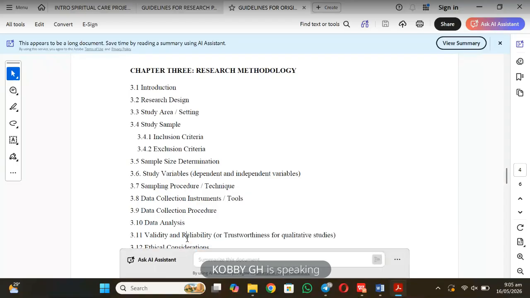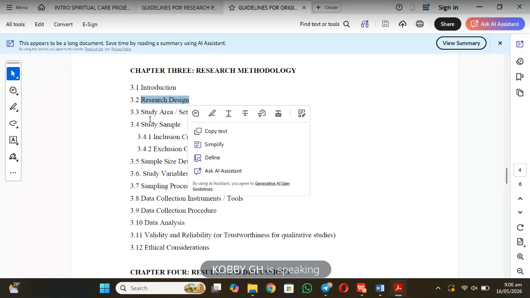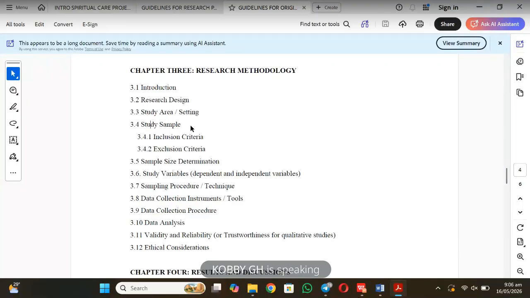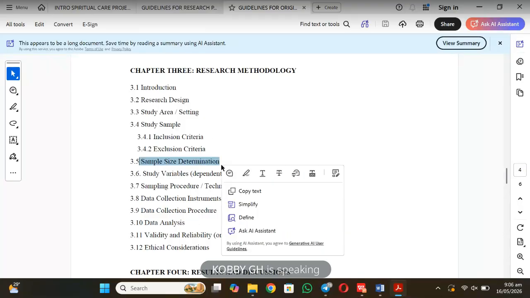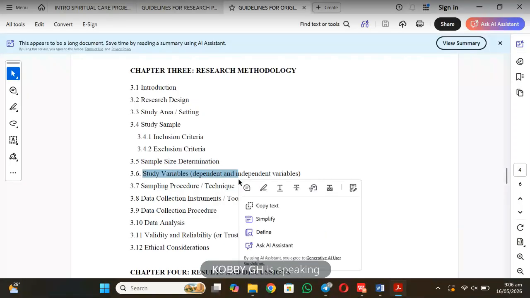Okay, so basically, if you are asked to mention the areas that you are going to treat when you are doing research methodology, these are the areas: research design, study area, study sample, under which we have inclusion and exclusion criteria, sample size determination, study variables, where we have dependent and independent variables.